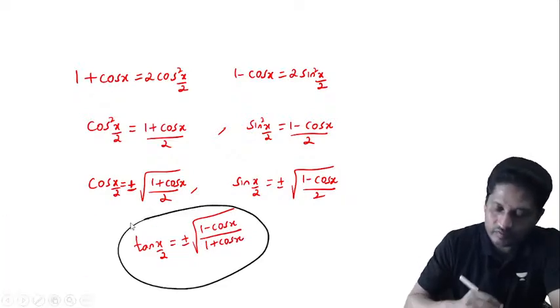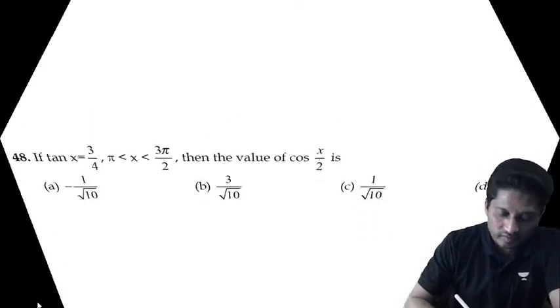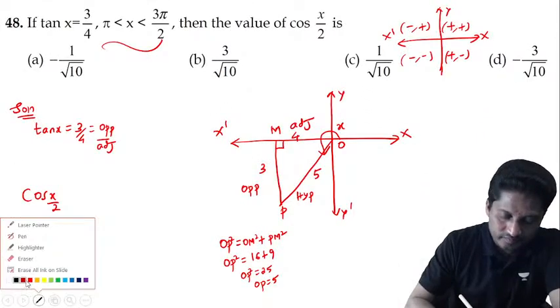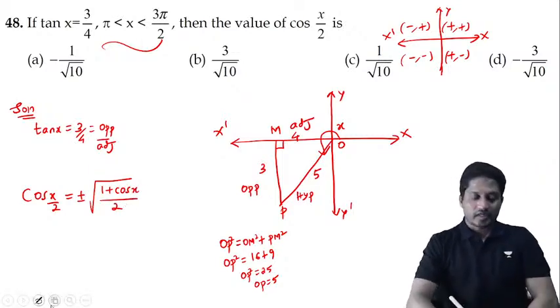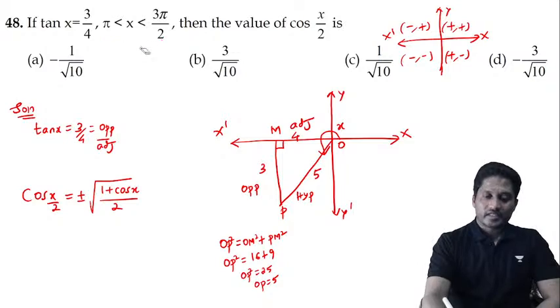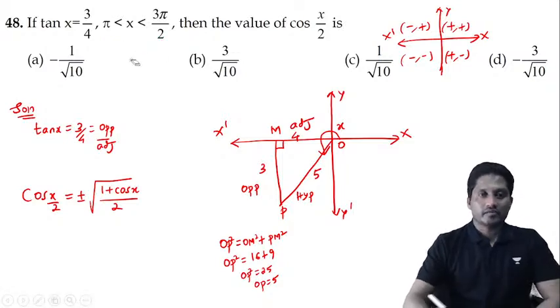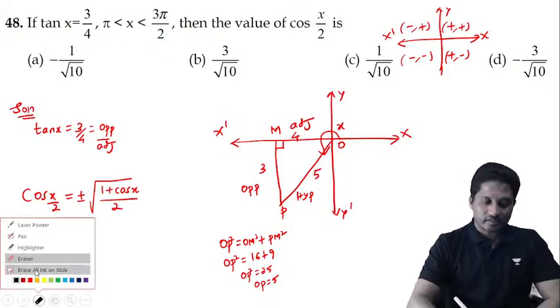This is tan x by 2. Now the cos x by 2 formula is equal to plus minus root of (1 plus cos x) whole divided by 2. According to the question, x lies between 0 and 3 pi by 2. I should check where x by 2 lies.